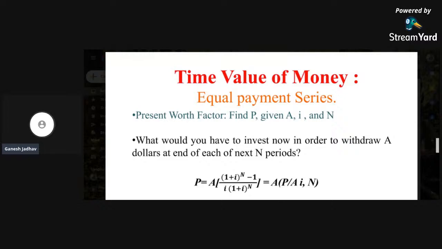What would you have to invest now in order to withdraw $1 at the end of each of the next n periods?